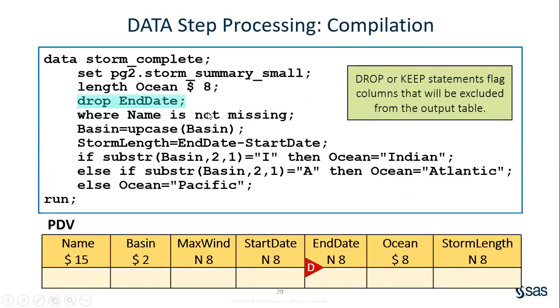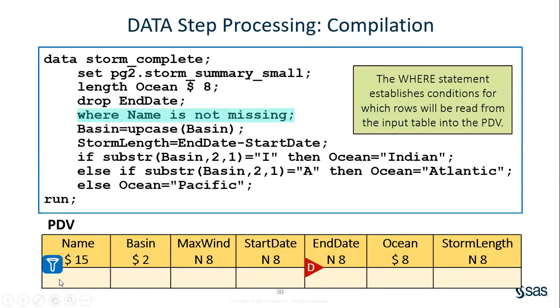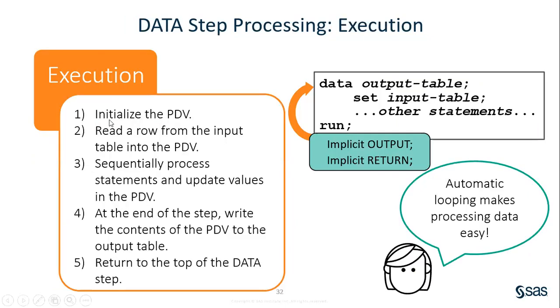So PDV actually क्या है? ये है. So ये जो है value, ये blank होते because every row is read here. So these values are initialized to missing. So that happens during execution. Then it will read a row from the input table into PDV. Sequentially, it will process the statements and update values in PDV. At the end of the step, when it has finished reading all the statements, it encounters run.